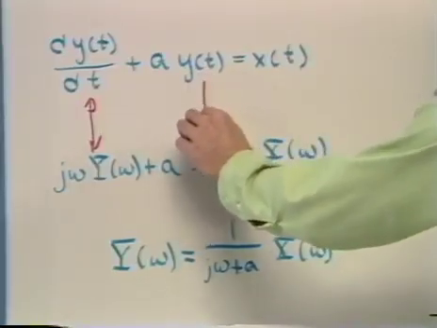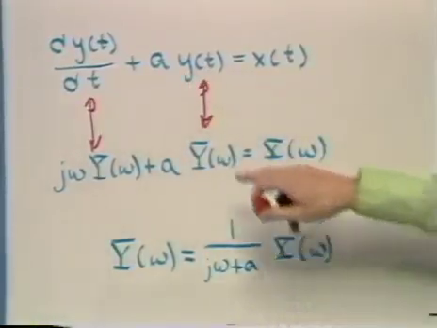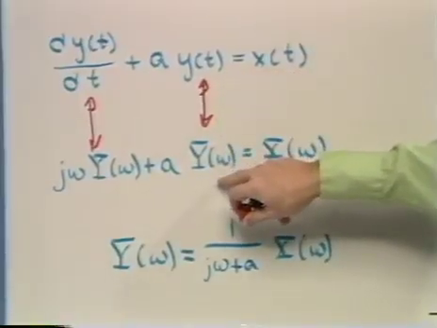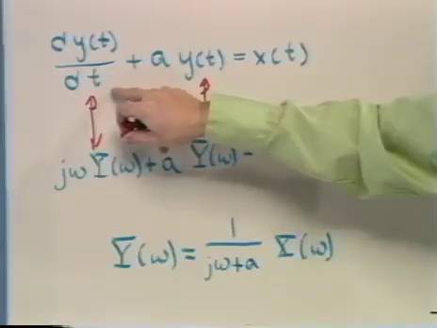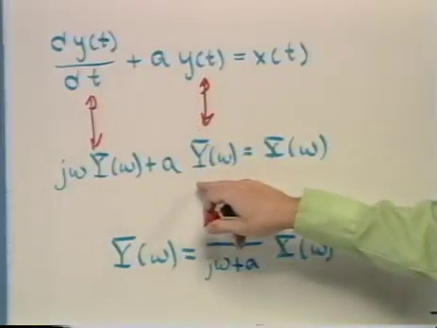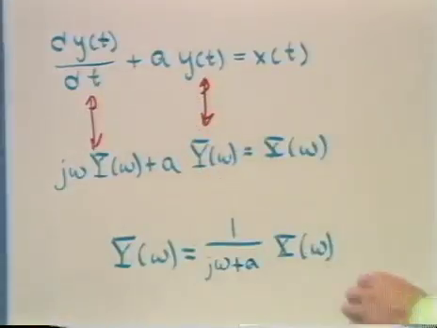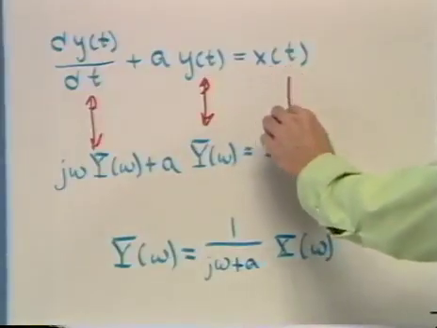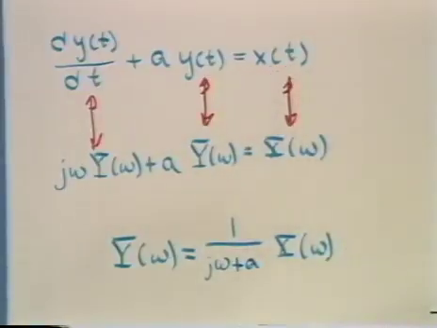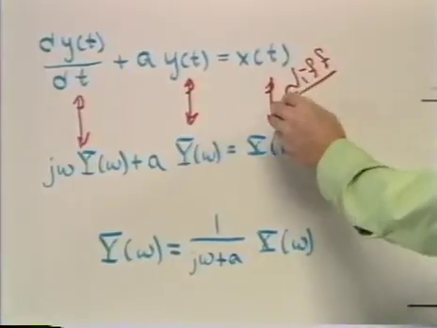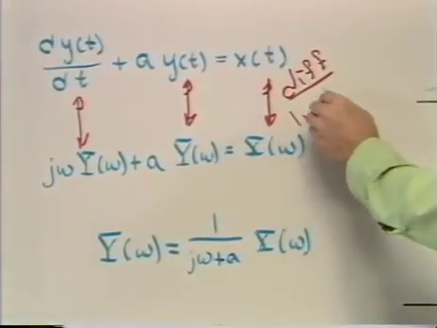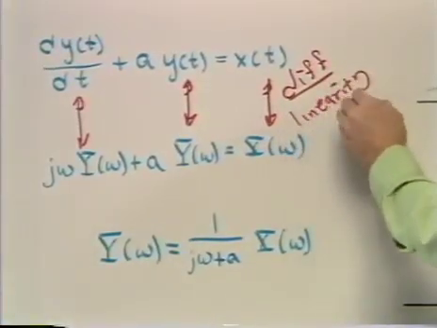And linearity will let us write the Fourier transform of this as a times Y of omega. And since these are added together, and since we have the linearity property, these are added together. And X of omega is the Fourier transform of x of t. So what we've used is the differentiation property, and we've used the linearity property.